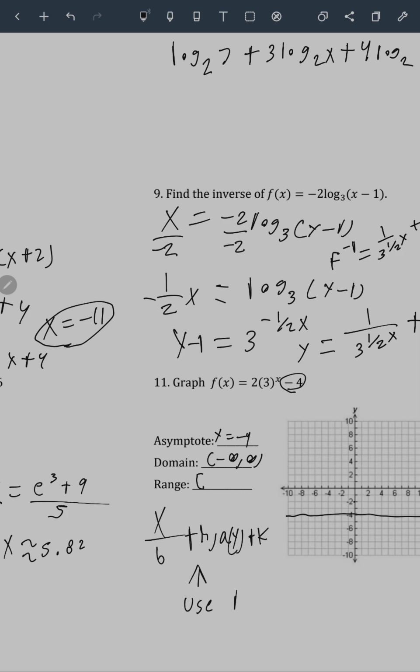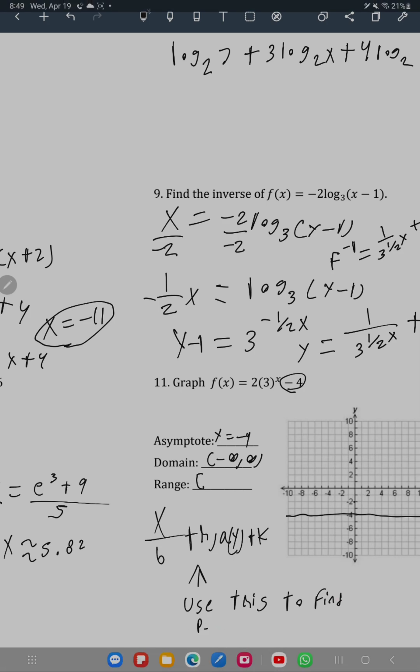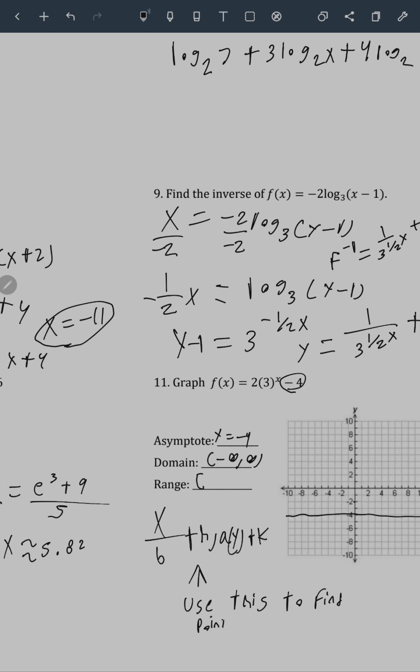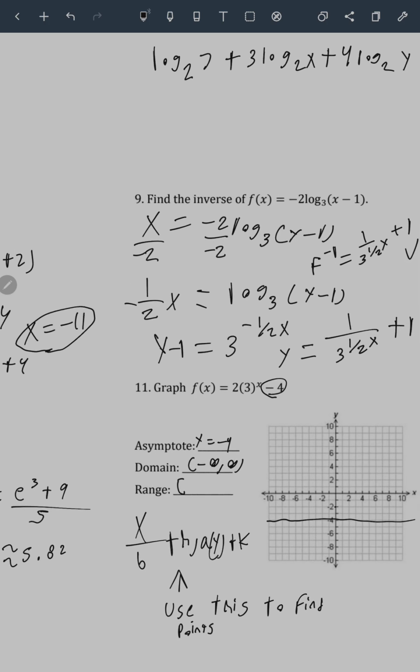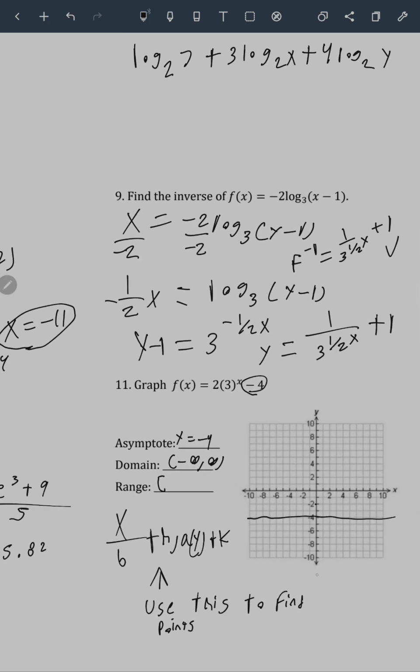Use this to find points. So it's important to know your parent points so you can plug them in for x and y.